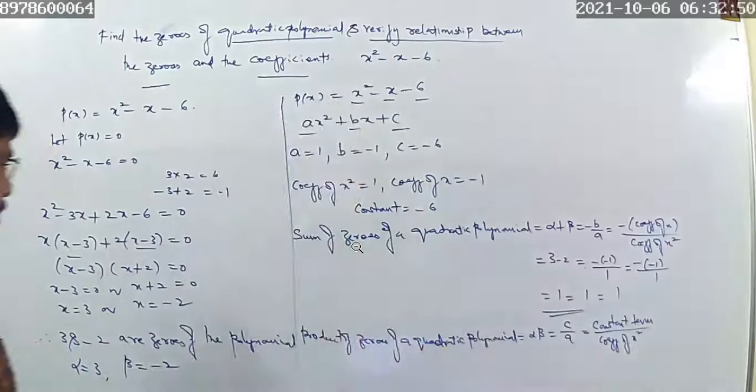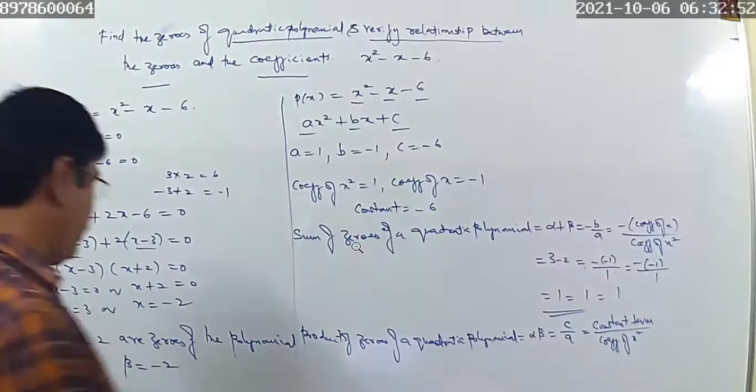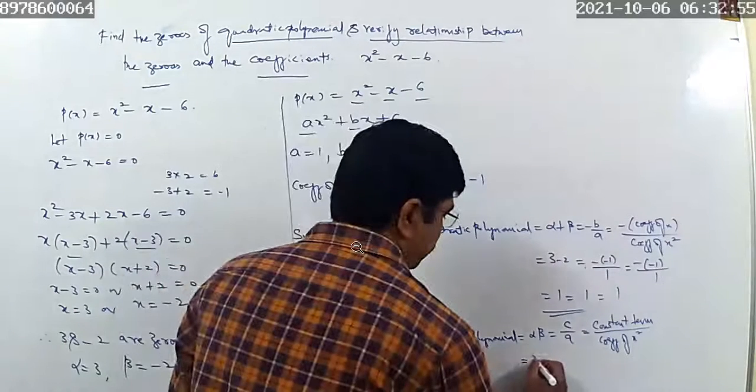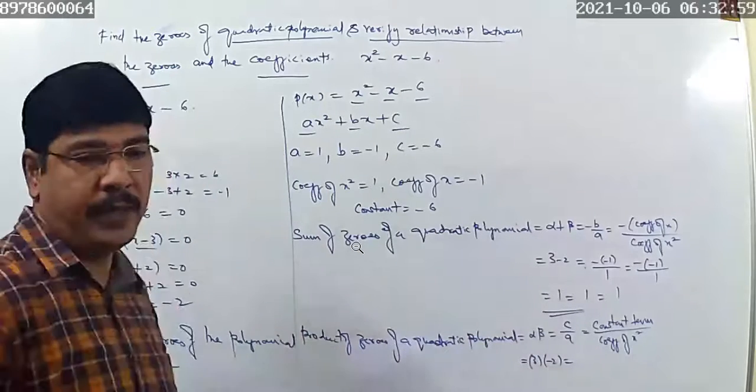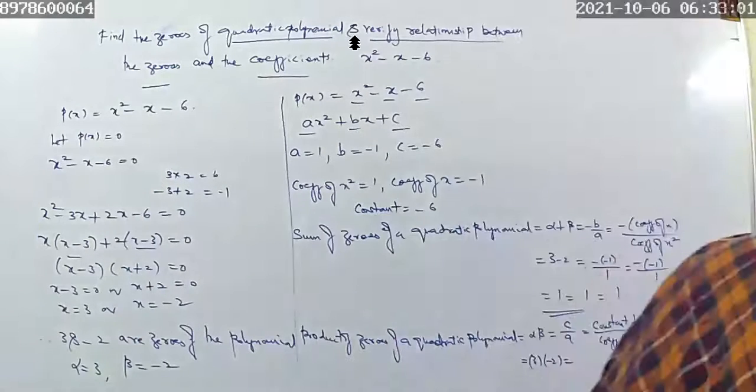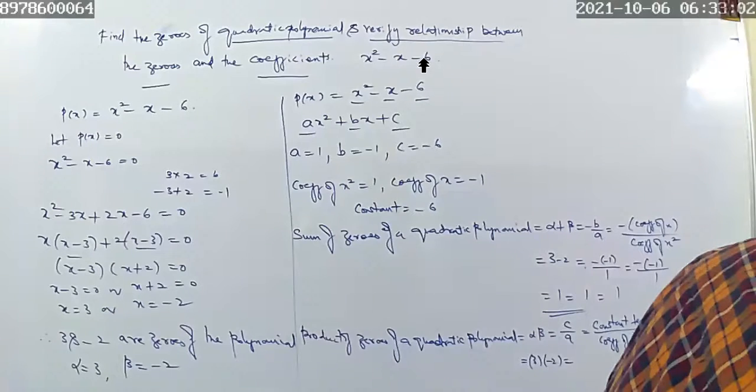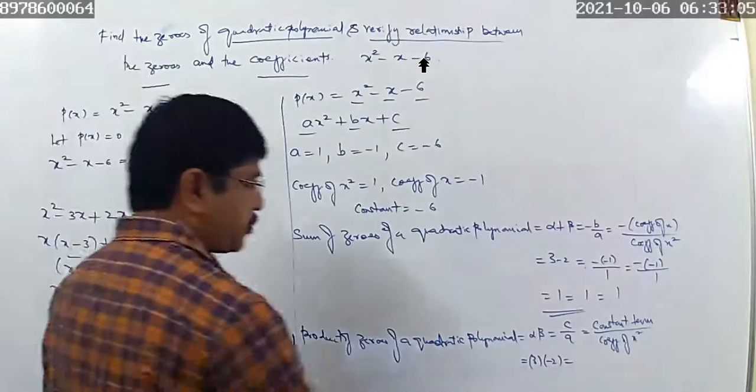So alpha beta, what is alpha beta? 3 into -2. One second. 3 into -2. What is c?